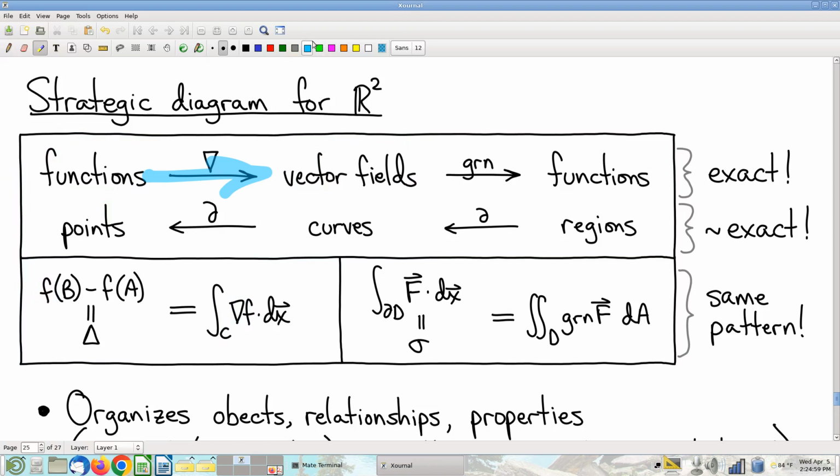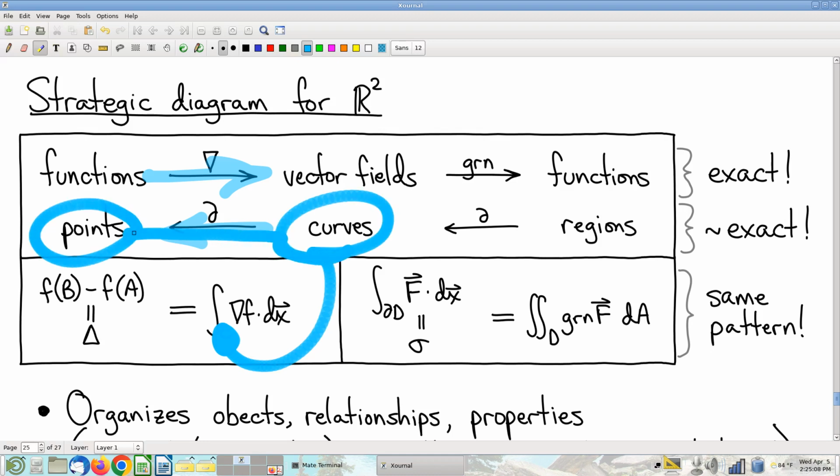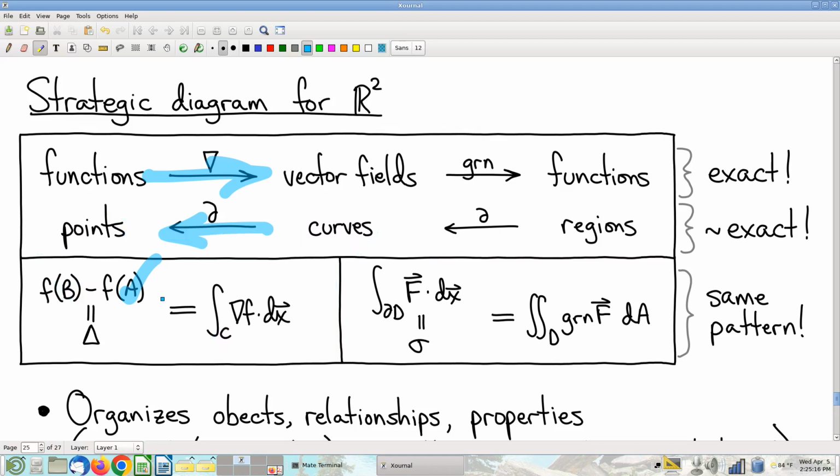Likewise, if I look at a boundary, and again I do, I have a curve here, and I have to look at the boundary points A and B to apply the fundamental theorem. That's the starting point and the ending point. So, I take a function and compute the gradient, moving to the right. I take a curve and look at its boundary, moving to the left.